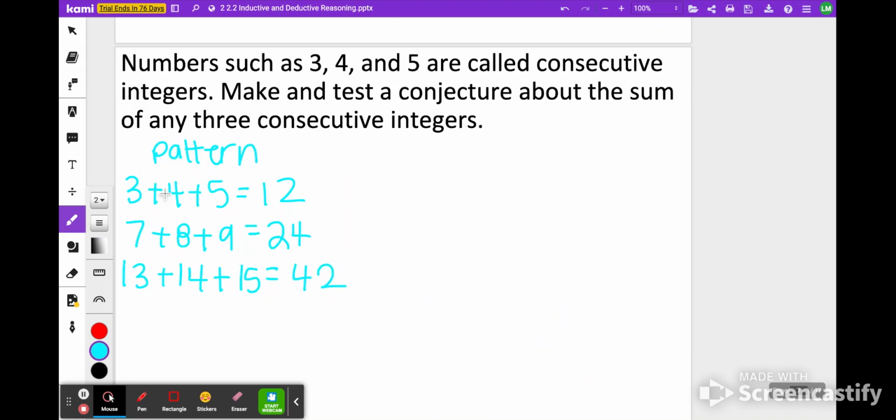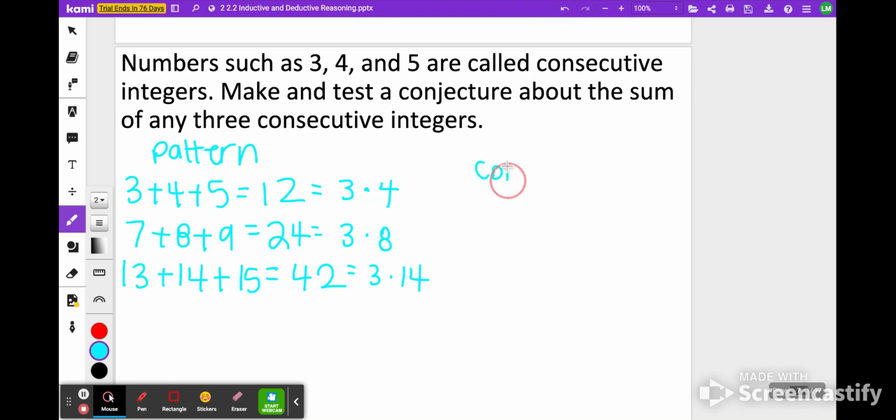So what I've tried to do is establish a pattern of adding consecutive integers. What I'm noticing, though, is each of these sums has a factor in common. They can each be divided by 3. So like 12 can be 3 times 4. 24 could be 3 times 8. 42 could be 3 times 14.